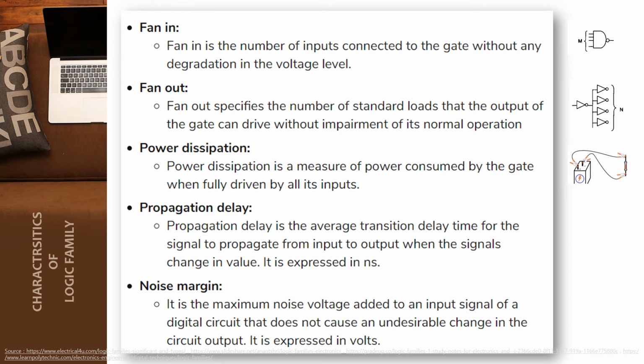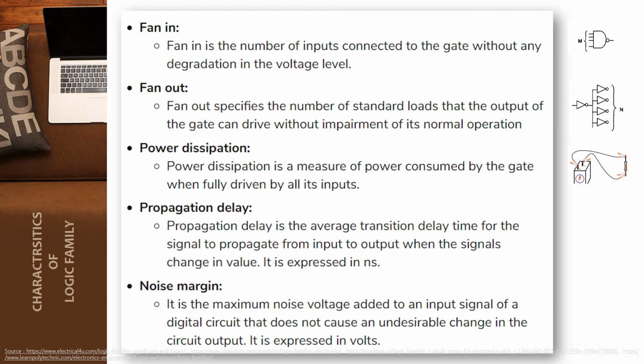So just check how much power your gate is consuming, that we call the power dissipation, when fully driven by all its inputs, meaning all the inputs are on or all the inputs are active. So power dissipation is a measure of power consumed by the gate when fully driven by all its inputs.